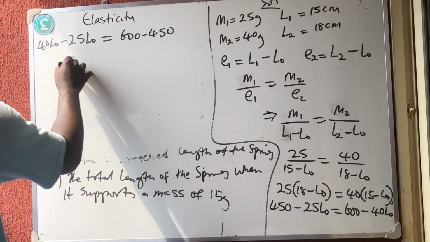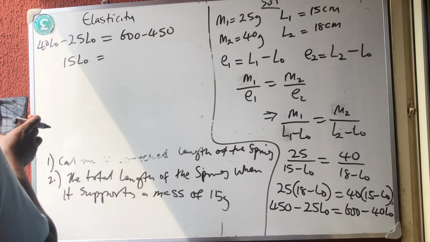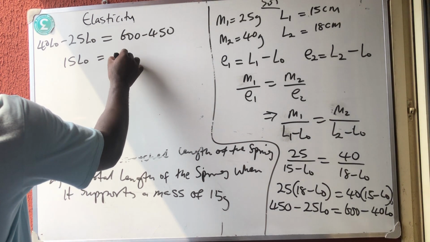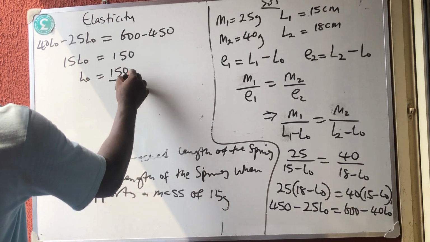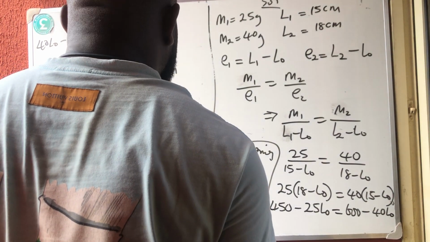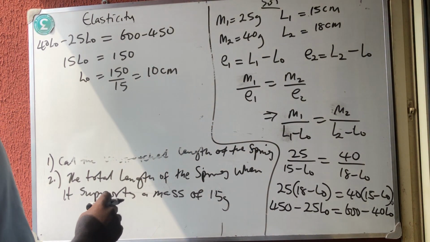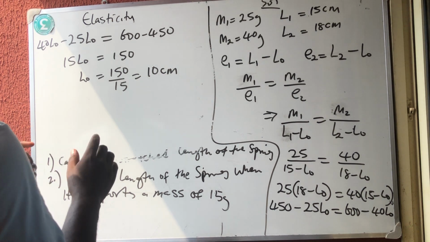I'm having 15 L0 is equal to 600 minus 450, which is 150. So my original length is 150 divided by 15, which is equal to 10 cm. So 10 cm is the original length of this particular spring.